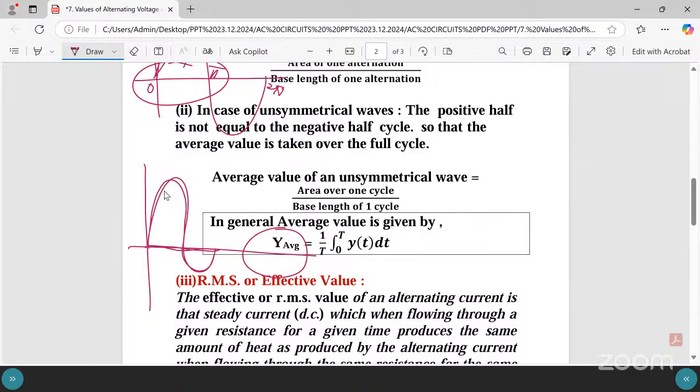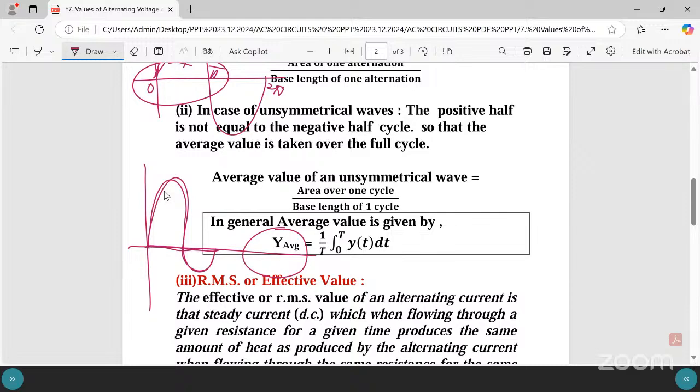What is the standard formula? Y average is equal to 1 by T, integral 0 to T, y of t dt. The time period depends upon the waveform: symmetrical, pi; unsymmetrical, 2 pi, for average value only. Then only we get the problems.